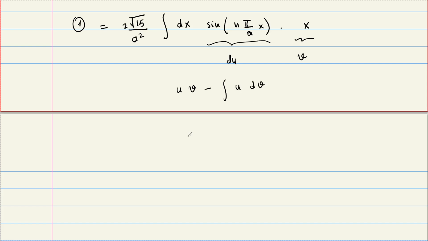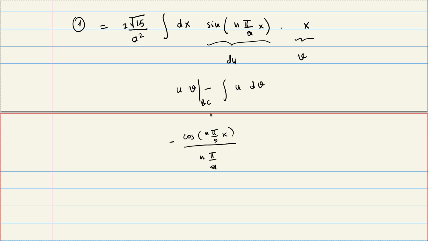And here u is going to be the integral of sine. So of course I also need to put boundary conditions. The integral of sine is going to be minus cosine n pi over a x divided by n pi over a.